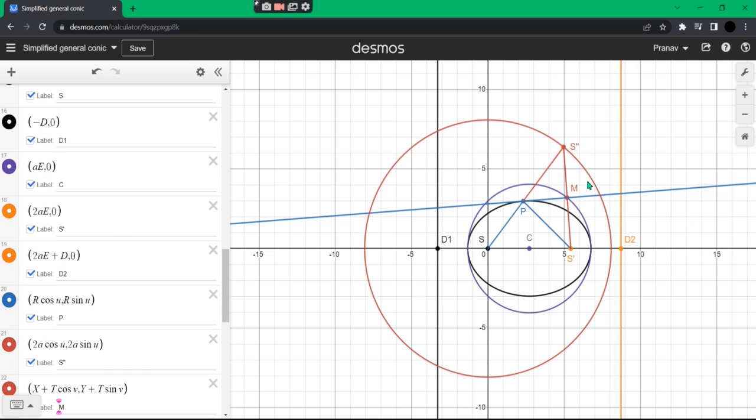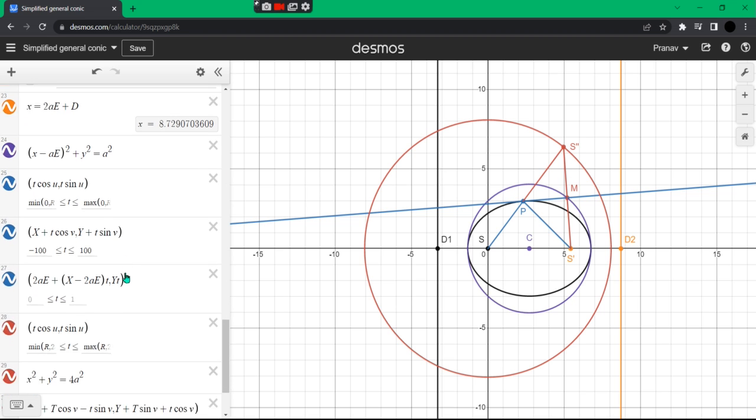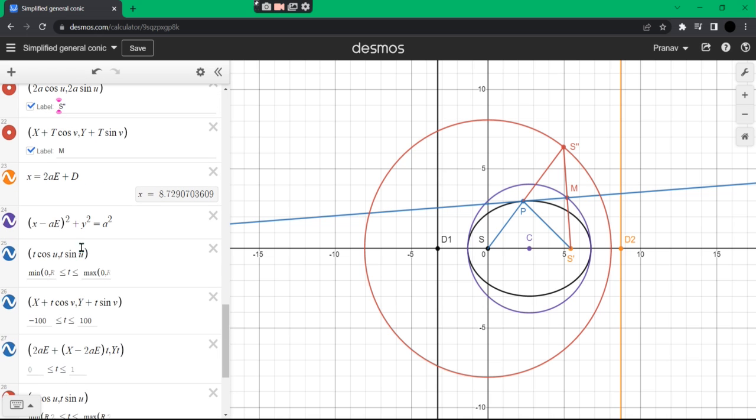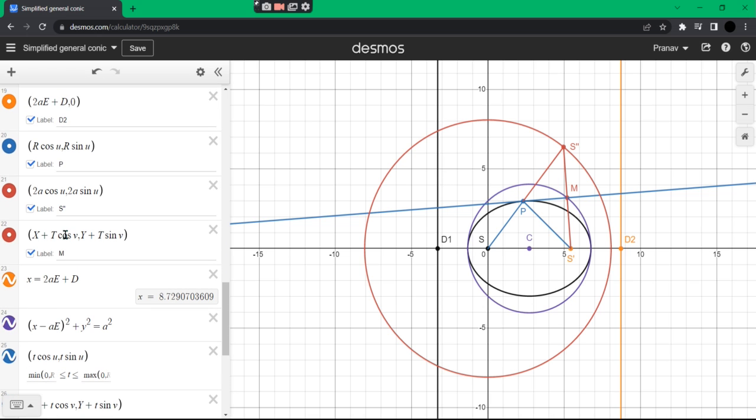Okay, and this s double dash s dash, I got that when I made the normal vector of this tangent, right? I added that vector to the point M, and M was just given by x plus capital T cosine V and y plus capital T sine V. I should have also written it somewhere over there. Do we have it? Yes.